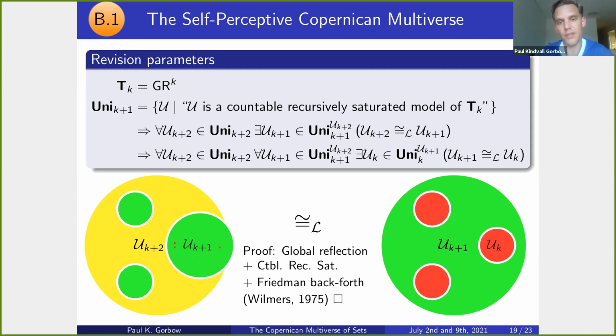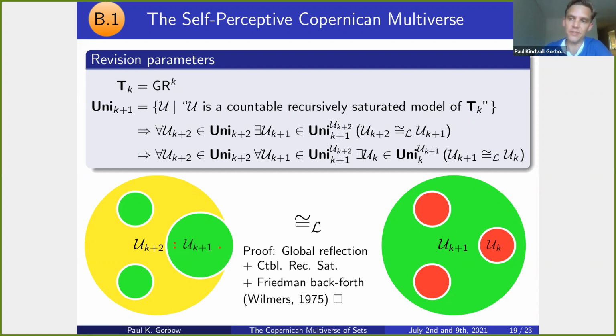Right now, as is displayed here, U_{k+1} is an element of the model U_{k+2}, but that's some extra technical definition that would need to be involved. So I'm just skipping over that here and writing U_{k+2} is isomorphic to U_{k+1}.